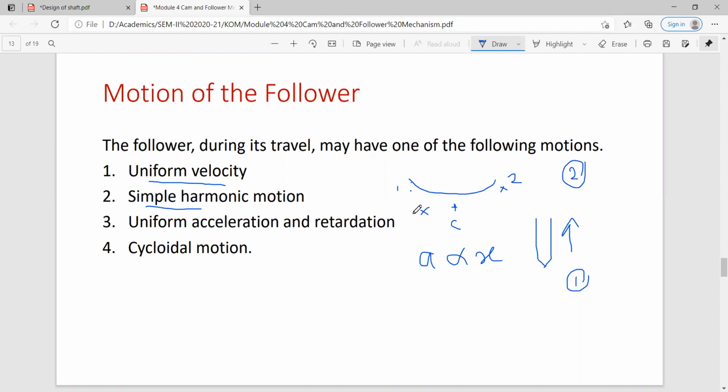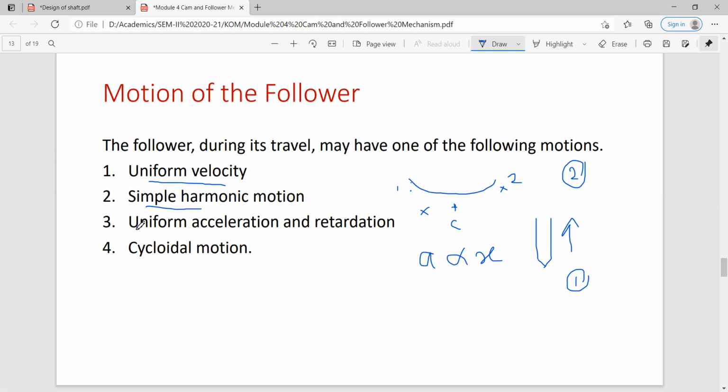If the particle is away from the center position, its acceleration will be greater, and as it gets closer to the center position, its acceleration will be less. At the center point its acceleration will become 0. That is simple harmonic motion.